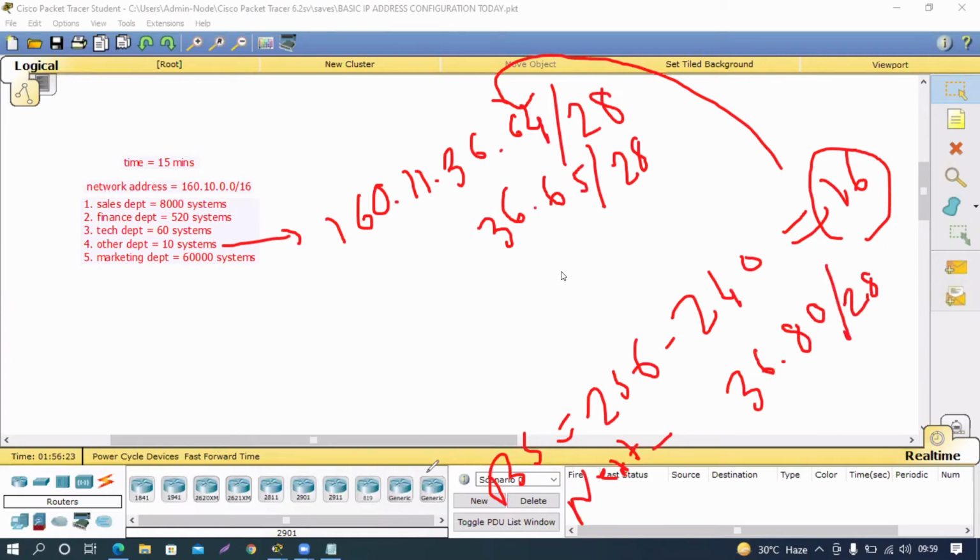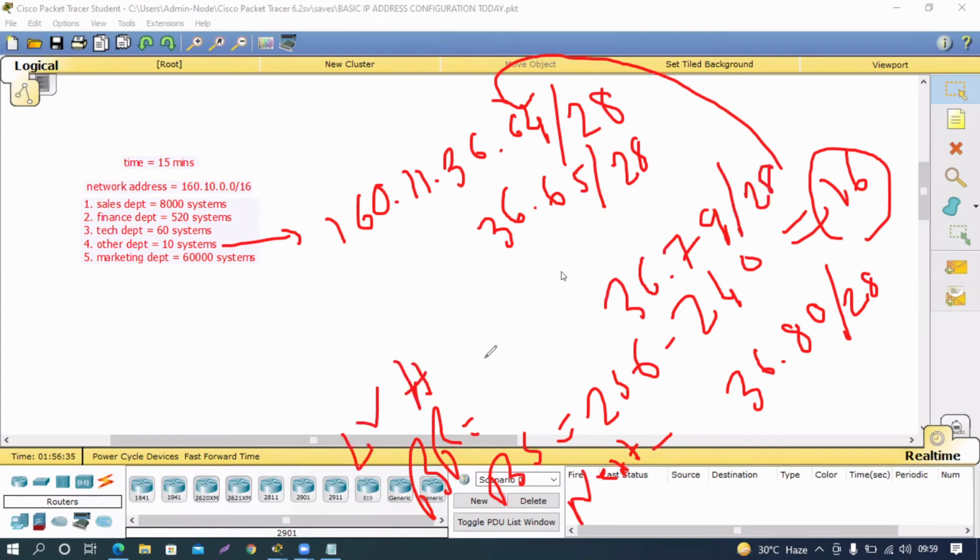Our broadcast address will be 160.10.36.79/28, and our last valid host will be 36.78/28.